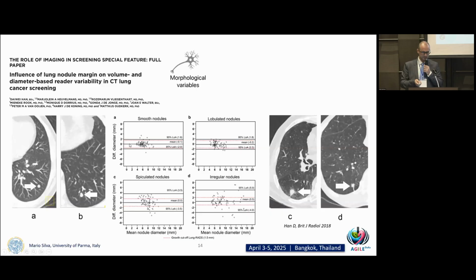So volume segmentation and then diameter translation with the software in a smooth nodule like case A, lobulated nodule like case B, then spiculated nodules or irregular nodules. So some of you might be recalling the lollipop sign over here, a very recent one called in the literature, or someone might be calling speculation over here.